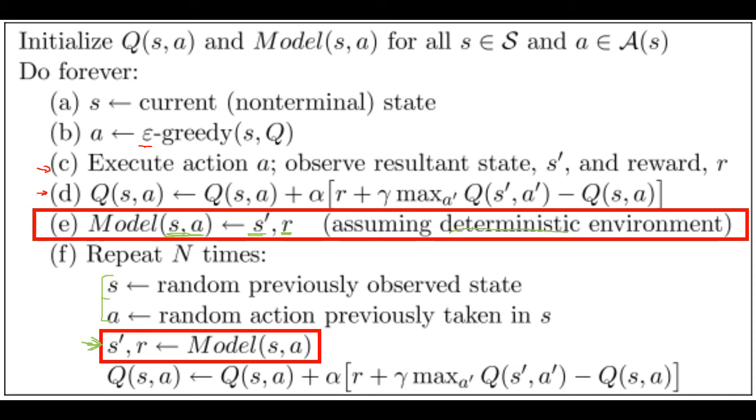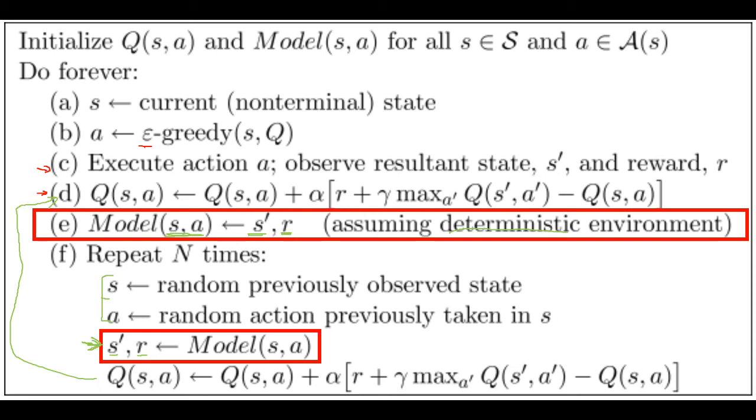So what you do is you imagine what will happen if you use S and A. According to the model you have learned, you will end up in some S prime and some R. Based on that, and very similarly to the update phase over there, you update your Q value.